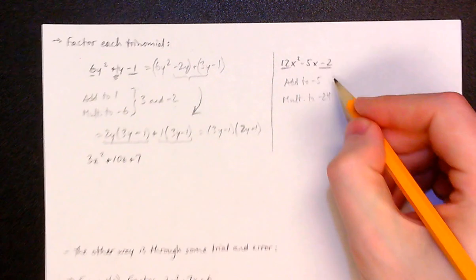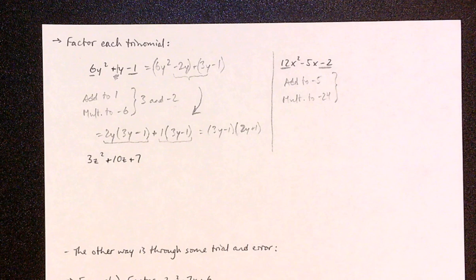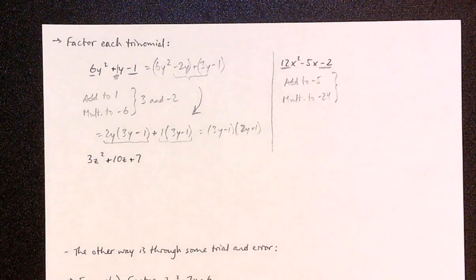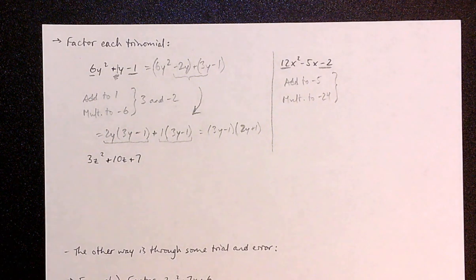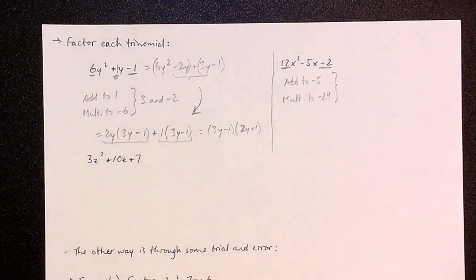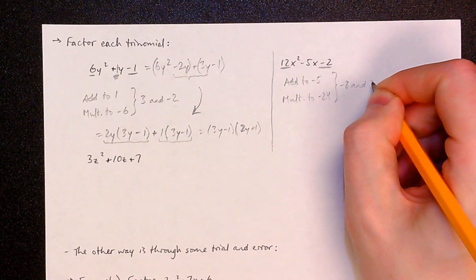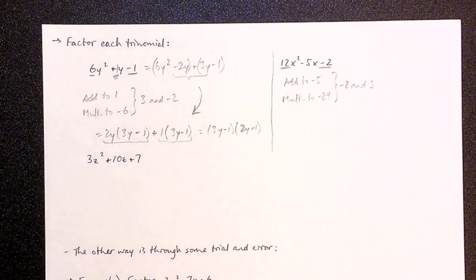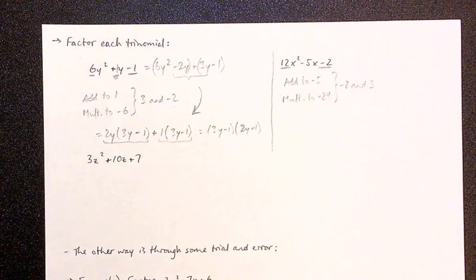Okay, so you start to do some thinking. You think of the possible combinations, and eventually you stumble on the correct combination, which is negative 8 and 3. Negative 8 plus 3 gives you negative 5. Negative 8 times 3 gives you negative 24.